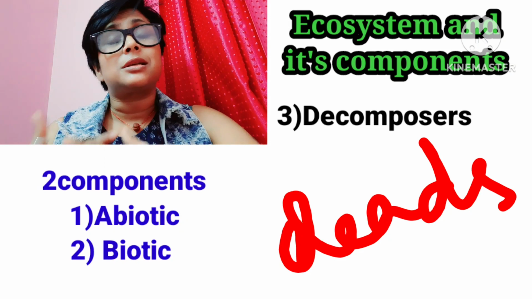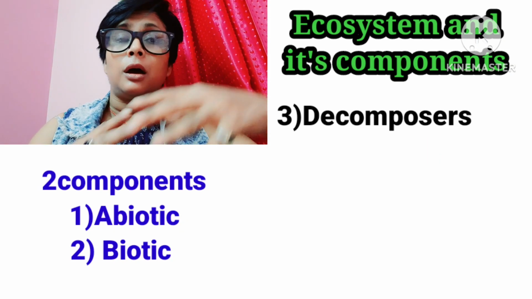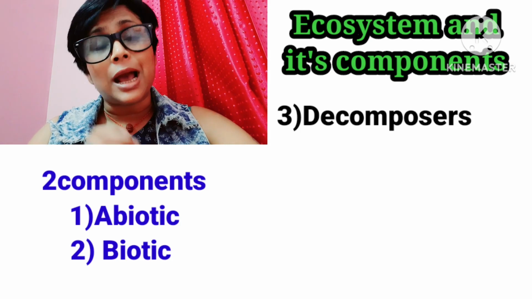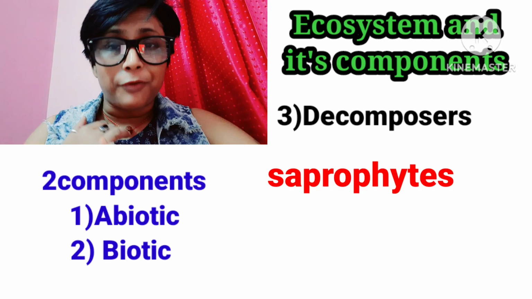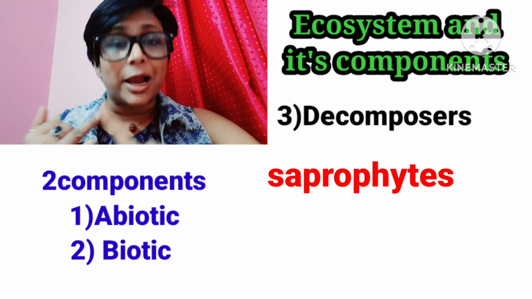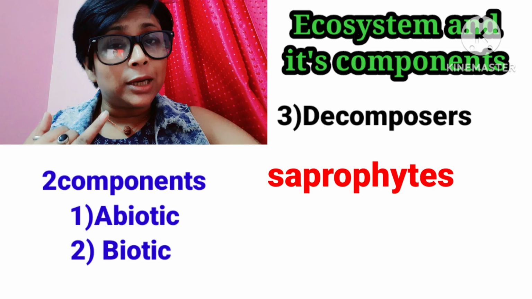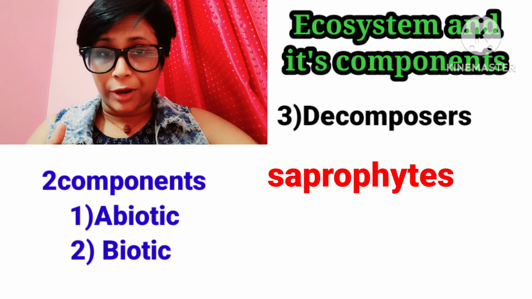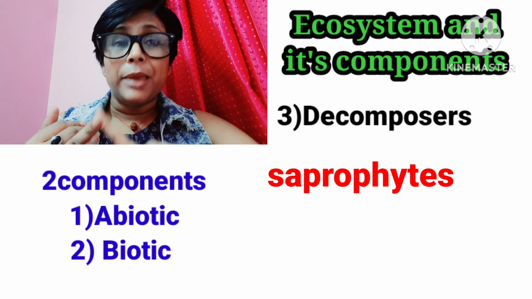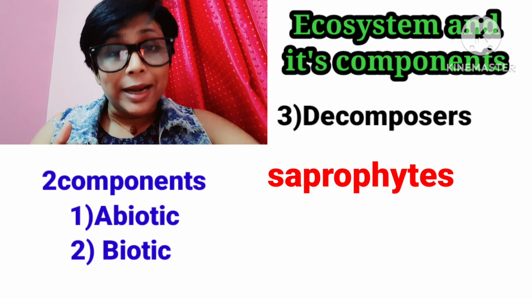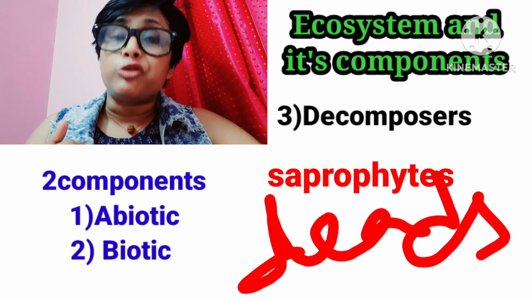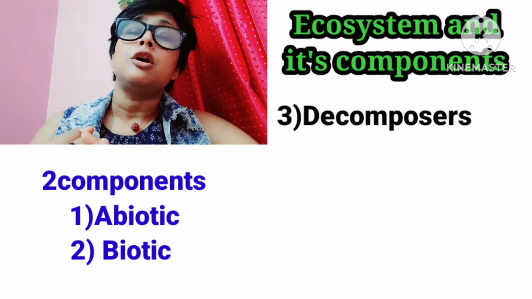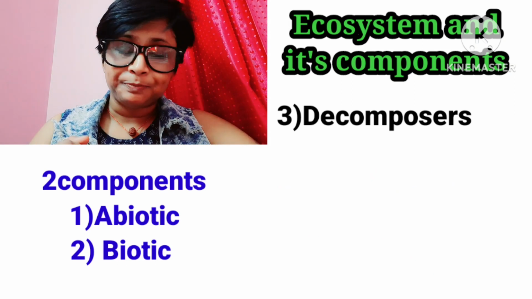And we are discussing decomposers and also saprophytes. They are working the same way. Who are the saprophytes? Mainly some bacteria, some microorganisms and some fungi are the saprophytes. Why are they saprophytes? Because they are living on the dead. They get their nutritional elements from the dead bodies, dead parts of any plant or animal.